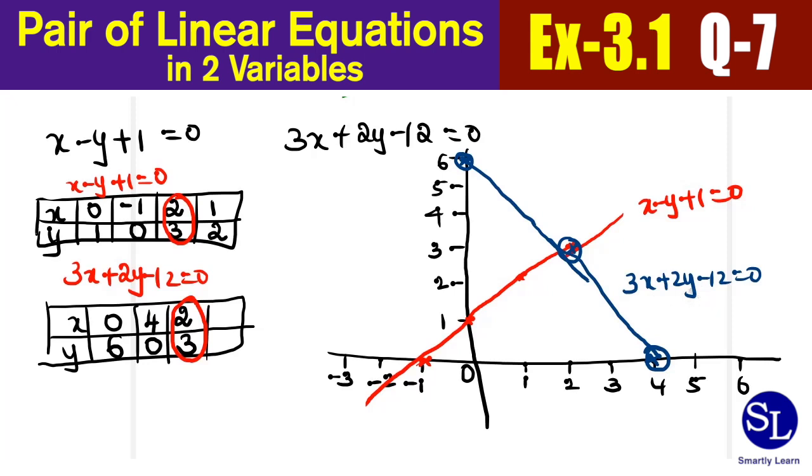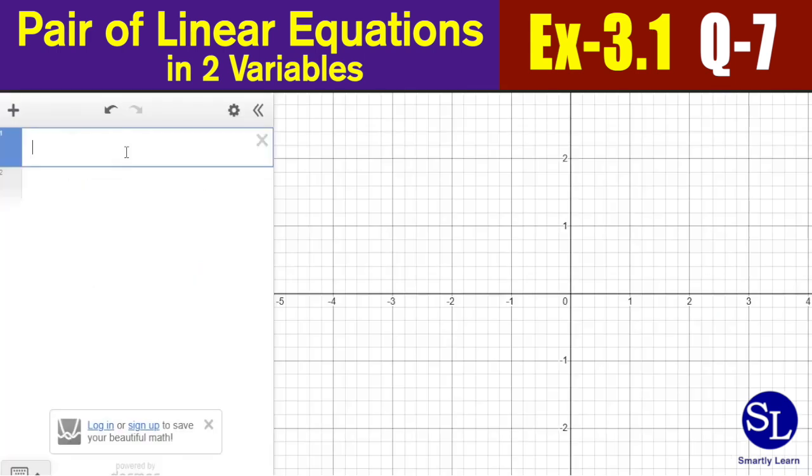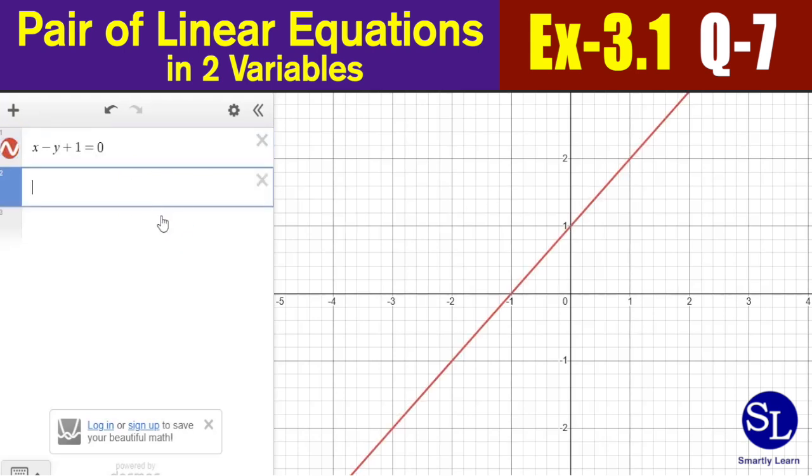Now let's see online how it looks. Let's plot the line x minus y plus 1 is equal to 0. So you have got the line. Now let's plot the second line, which is 3x plus 2y minus 12 is equal to 0.